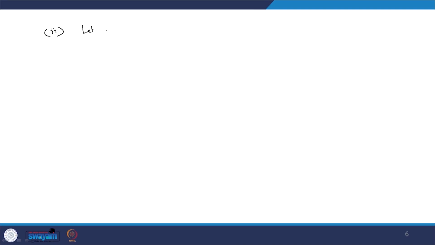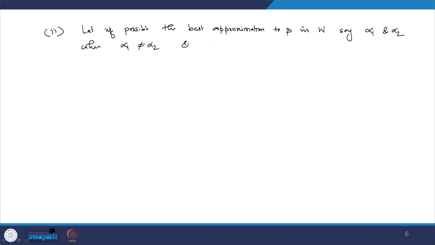Let, if possible, the best approximation to beta in W be, say, alpha 1 and alpha 2, where alpha 1 is not equal to alpha 2, and alpha 1 belongs to W, alpha 2 belongs to W. We have to show that alpha 1 equals alpha 2.